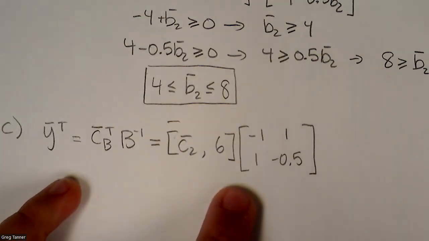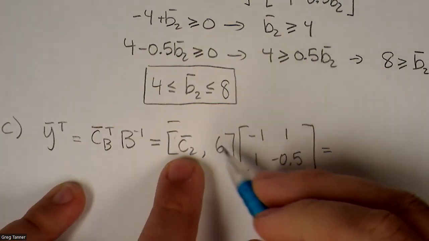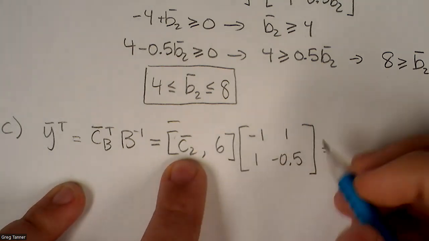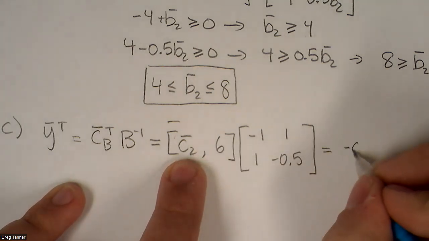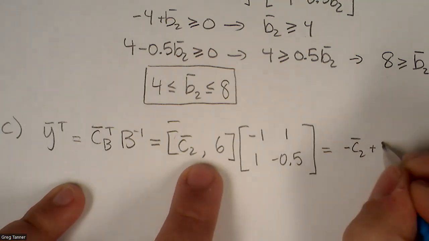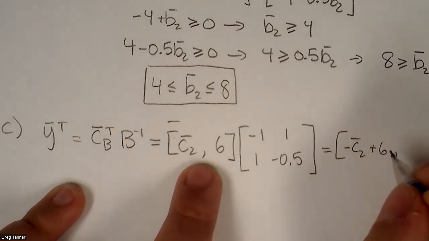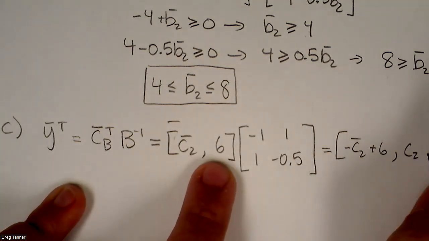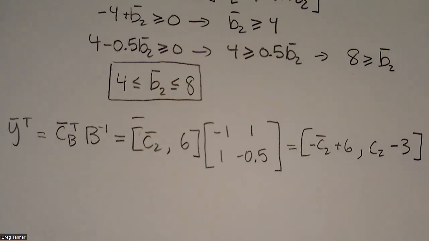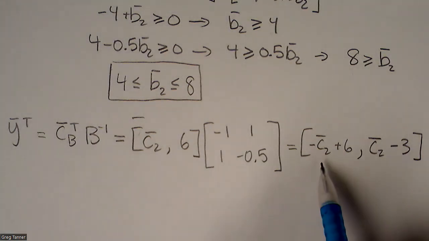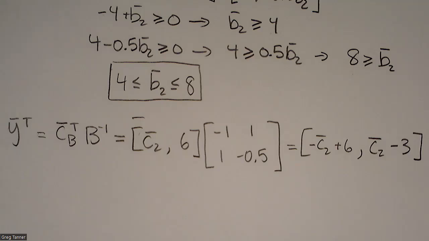Okay, and we do the multiplication here. We multiply this row down this column, and we get negative C2 plus 6. Then taking it down the second column, we get C2 minus 3. And so that is our dual variable values and their dependence on that second coefficient of the objective.